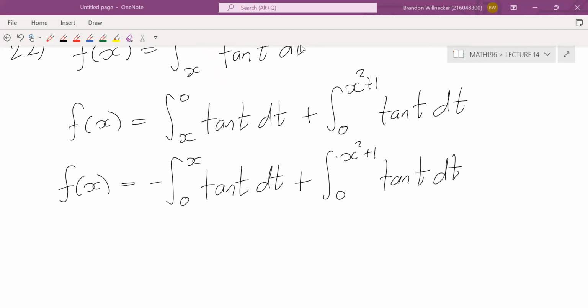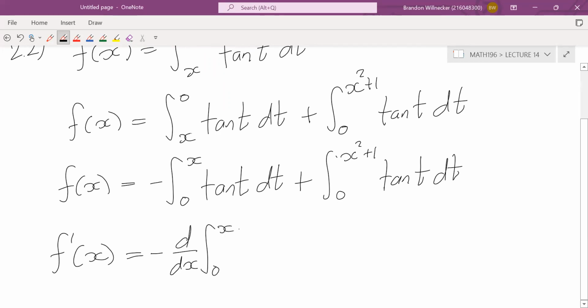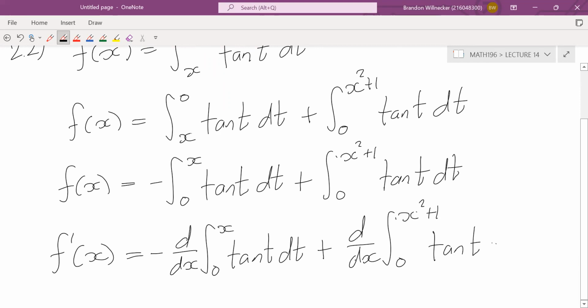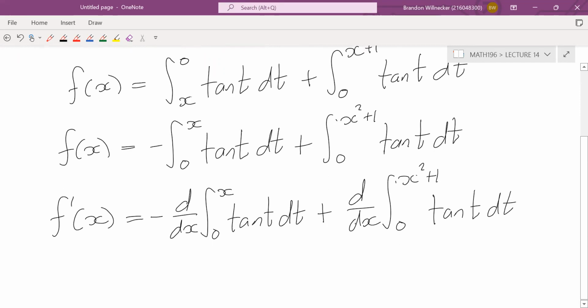So now we want f prime. So f prime of x will be minus d by dx, the integral from 0 to x of tan of t dt, plus d by dx, the integral from 0 to x squared plus 1 of tan of t dt.